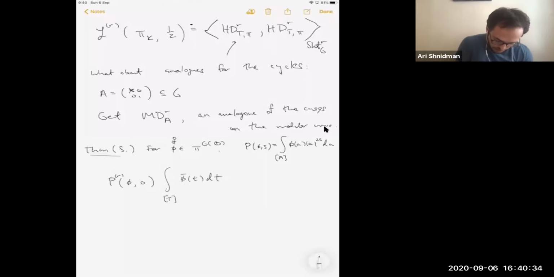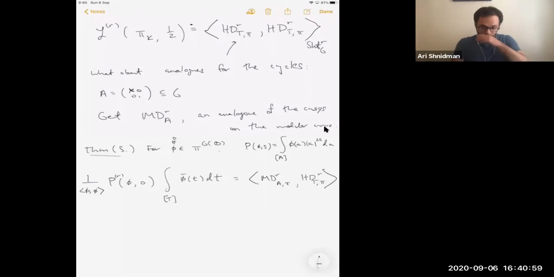Now I want to normalize this to make it independent of the choice of spherical vector. So I divide by the Petersson inner product, which will get rid of this choice of scaling of the spherical vector. And this is equal to the intersection of the Manin-Drinfeld cycle, the pi part of it, with the Heegner-Drinfeld cycle, the pi part of it. So that's the formula.